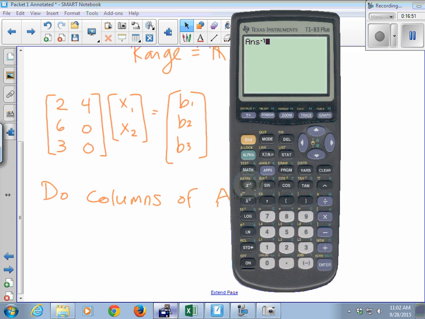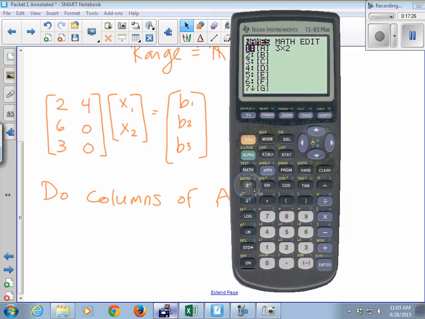And then matrix, second matrix, math, RREF, matrix A. Invalid dimensions. Okay, you can row reduce this by hand, but for some reason your TI tends to get stuck when there are more rows than columns. So I'm just going to augment it with a set of zeros.